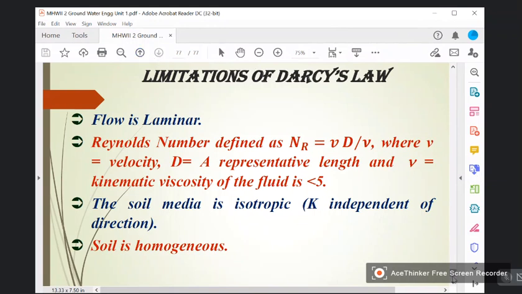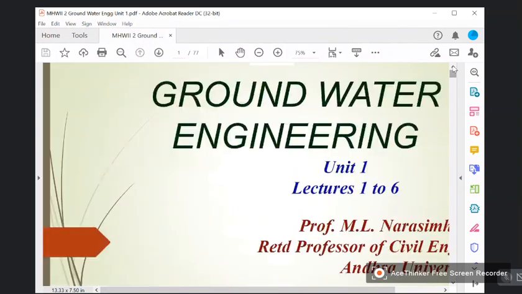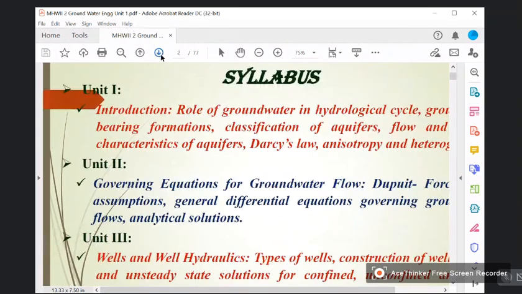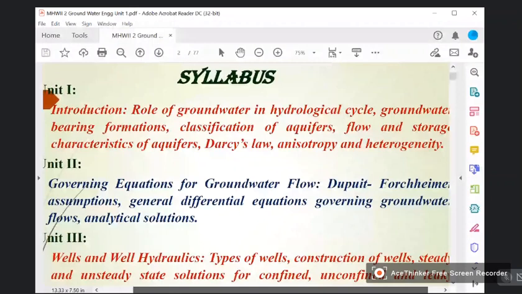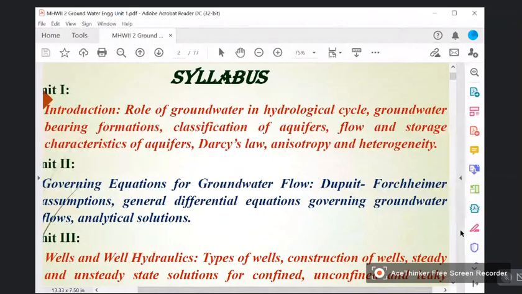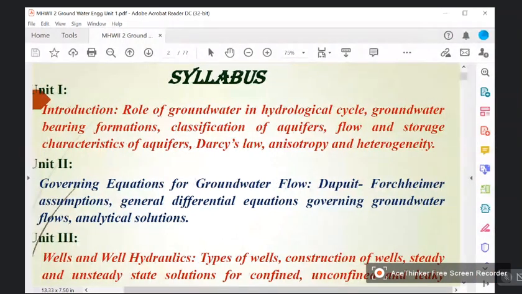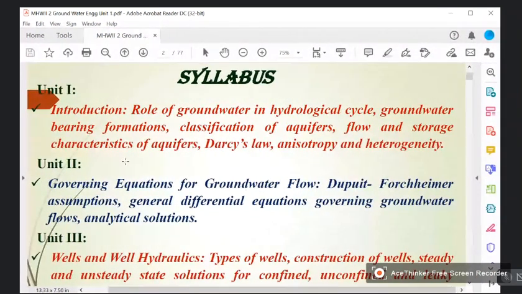So this is the total content of your module 1. You can compare with your syllabus here. See whether we have covered everything or not. Role of groundwater in the hydrological cycle: yes, we have covered.